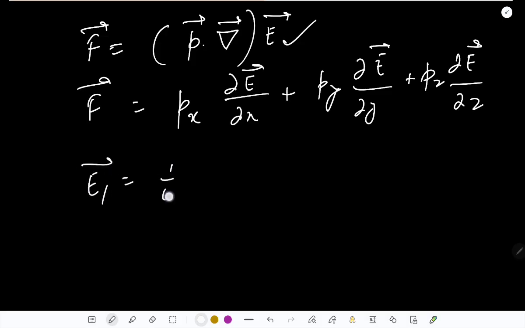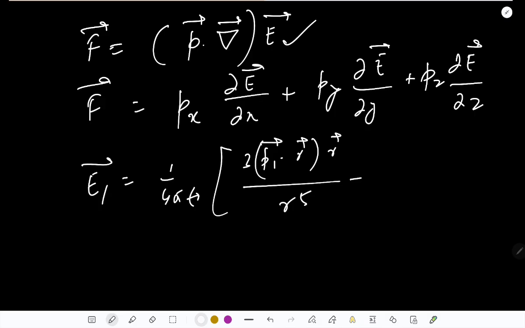So E1 can be written as simply 1 upon 4 pi epsilon naught times 3 (P1 dot r vector) divided by r to the 5, minus P1 divided by r cubed. The angle between P1 and r is 180 degrees.